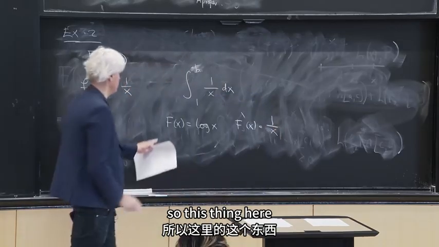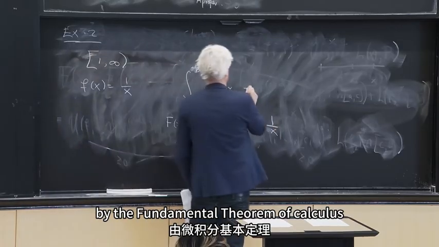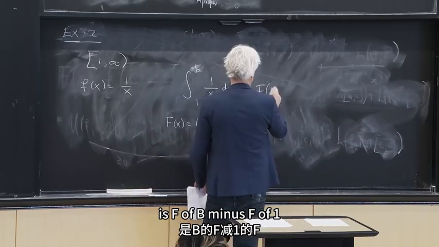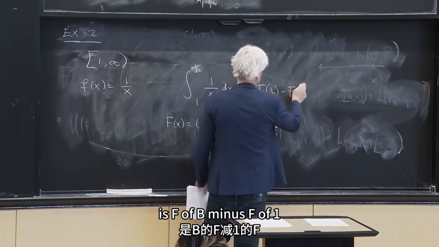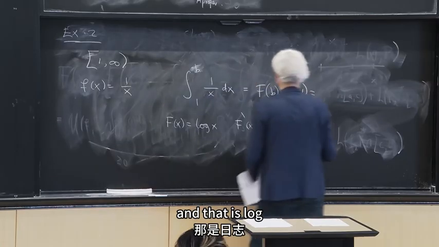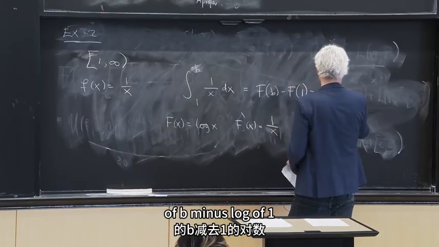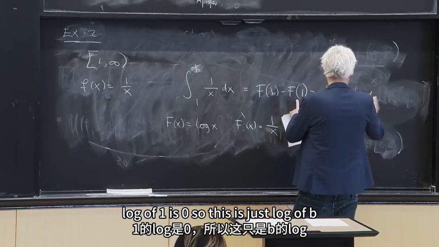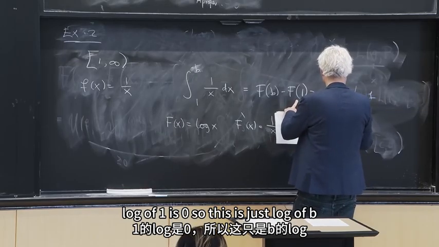So by the second version of the fundamental theorem of calculus, this integral is f of b minus f of 1, and that is log of b minus log of 1. Log of 1 is 0, so this is just log of b.